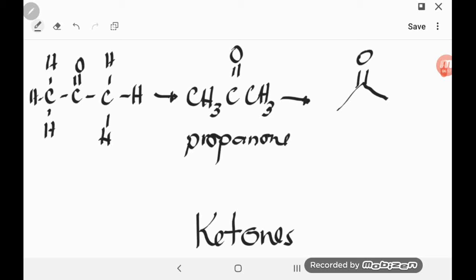Ketones behave as an excellent solvent for certain types of plastics and synthetic fibers. It acts as a paint thinner and nail paint remover. Next, we have the aldehydes.